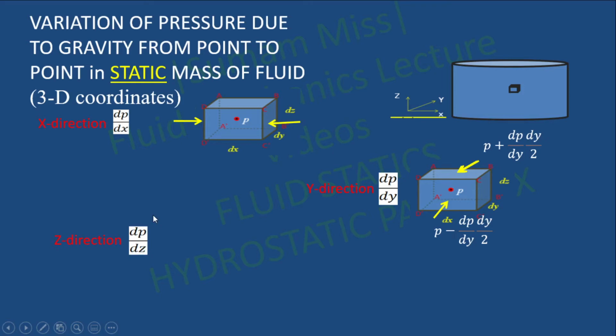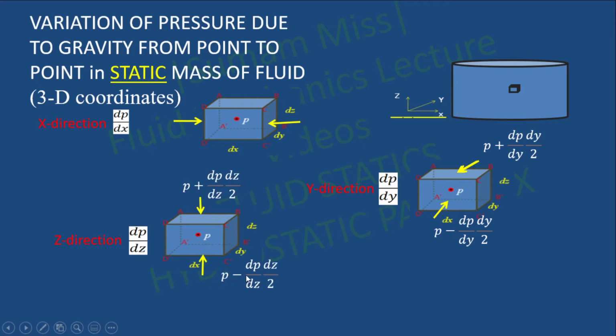If you are considering z direction, the pressure gradient is indicated by dP by dz, pressure acting in z direction on the faces A dash, B dash, C dash, D dash and A, B, C, D. So the corresponding pressure is P minus dP by dz into dz by 2 and P plus dP by dz into dz by 2.